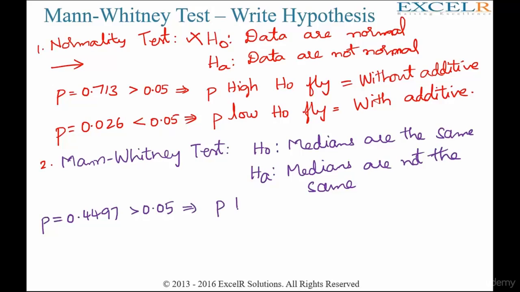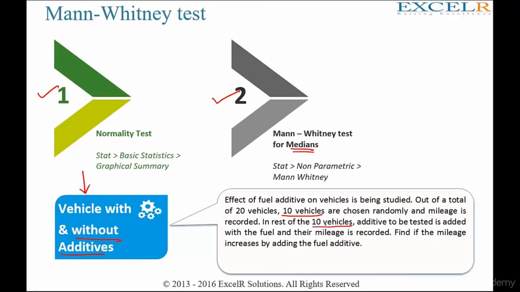P high, null fly. All right. That means we fail to reject this. That means medians are the same. That in turn means that there is no reason to believe that the mileage of the vehicles with additive is actually different. There's absolutely no reason to believe that.